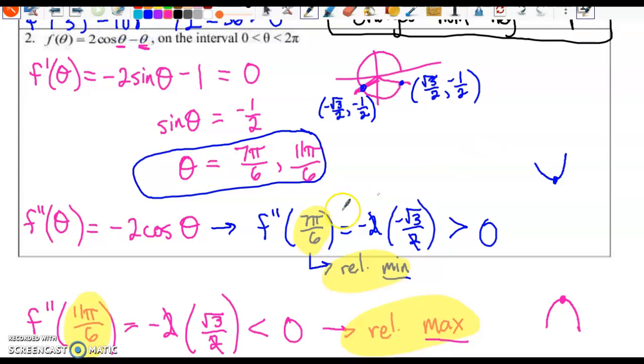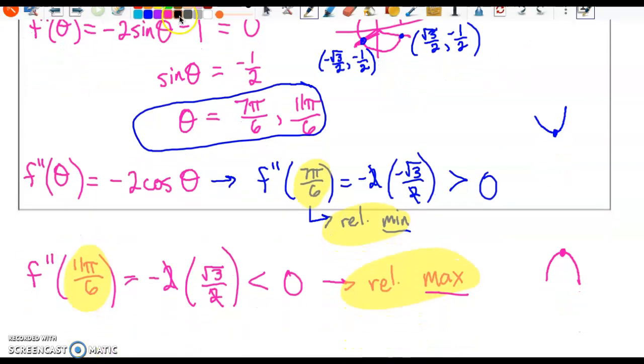Maybe I'll just go to the answer key and see what they write down. Yeah, all the answer key does is it talks about, because f double prime of x is greater than 0 at, it's theta, not x, at theta equals 7 pi over 6.